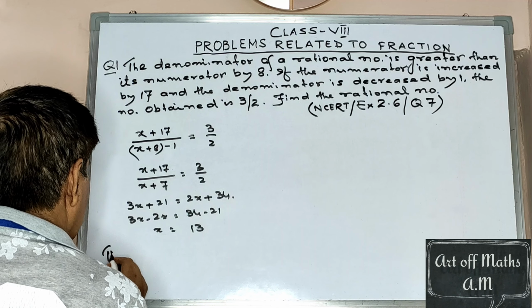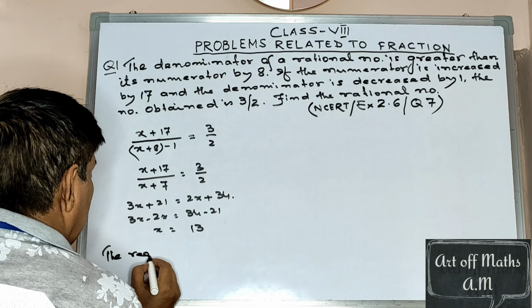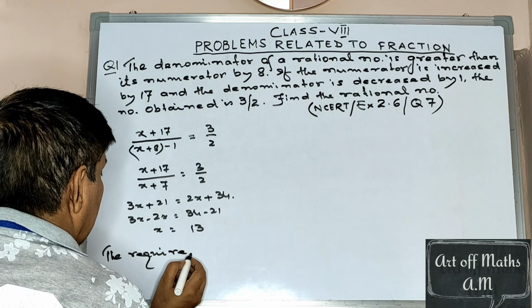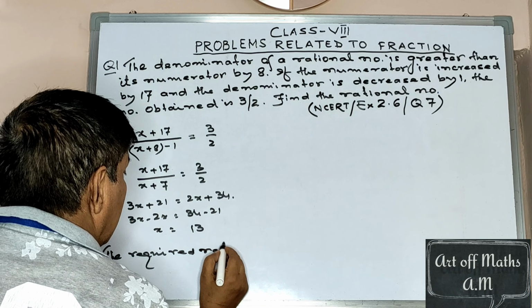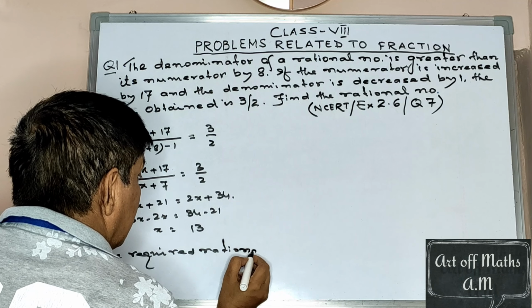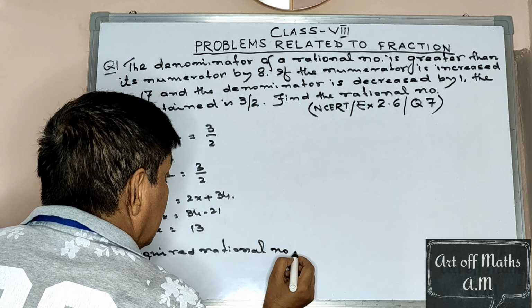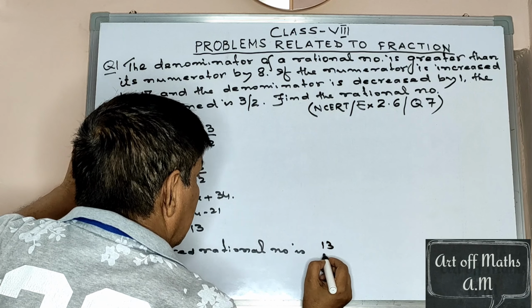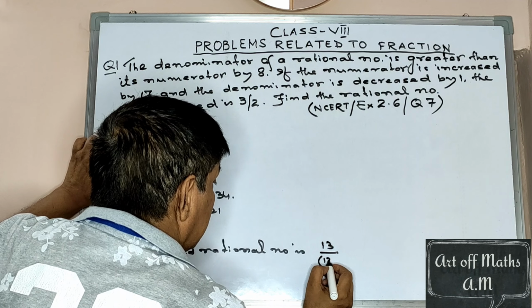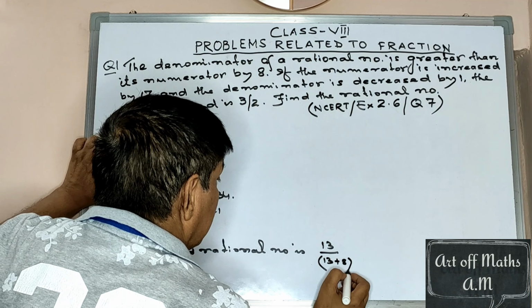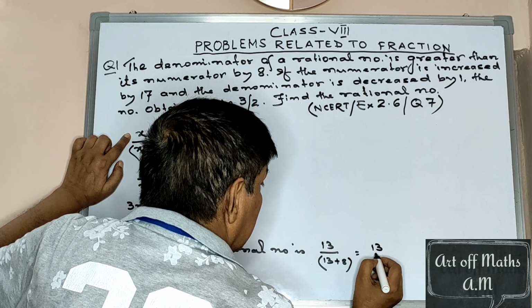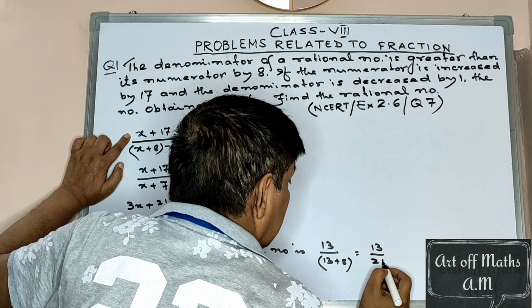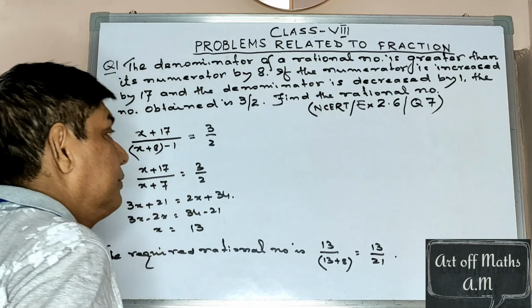The required rational number is, x is 13 and here 13 plus 8, that means 13/21. This is the answer.